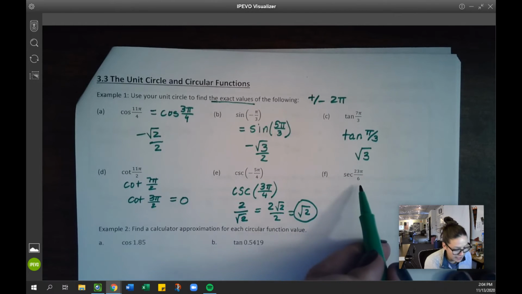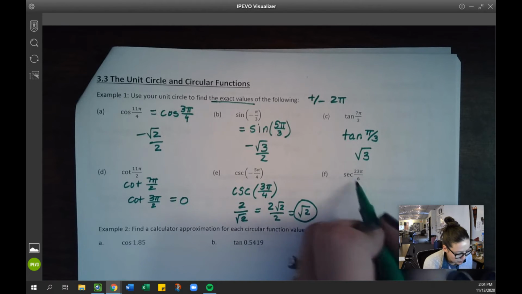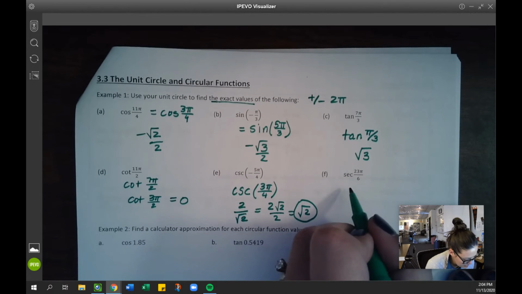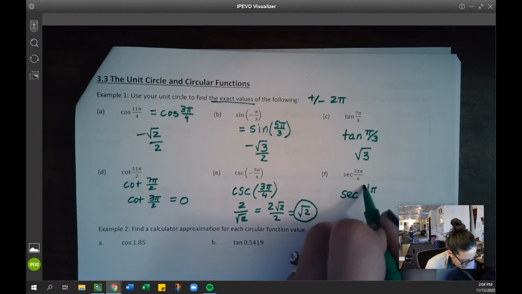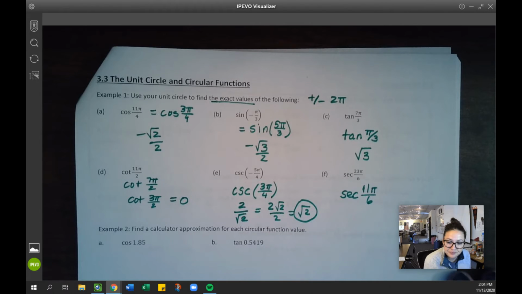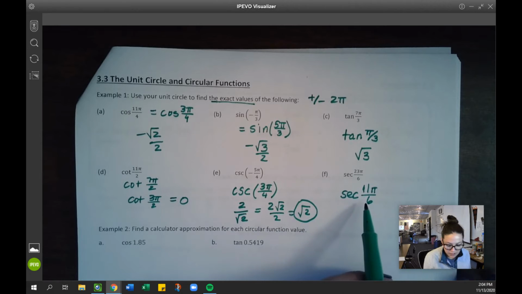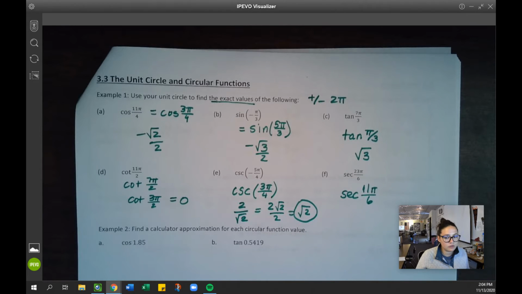All right, secant of 23 pi over 6. Again, I'm going to subtract 2 pi, which in this case is 12 pi over 6. So that gives me the secant of 11 pi over 6. So I am going to find secant of 11 pi over 6.